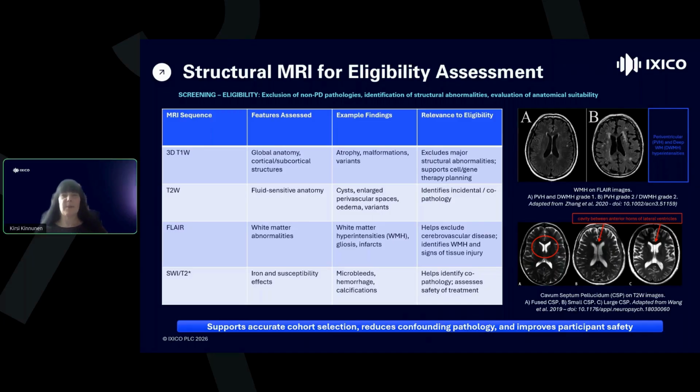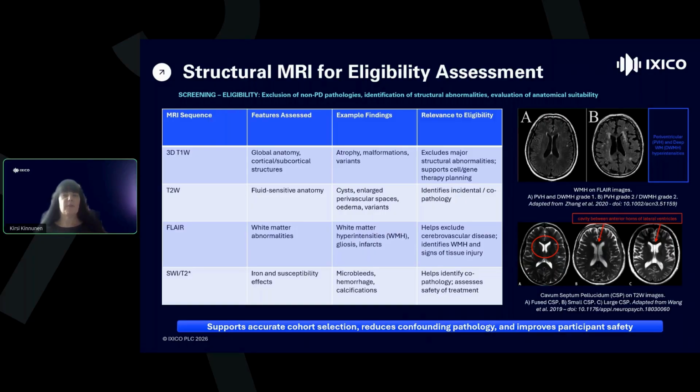It's always important to check, especially for trials that include neurosurgery, that deliver cell or gene therapy directly into the CNS, whether there are structural abnormalities or anatomical variants that could mean that the intervention is not suitable or safe. Even if considered safe, it might not be known how the finding could affect efficacy data.